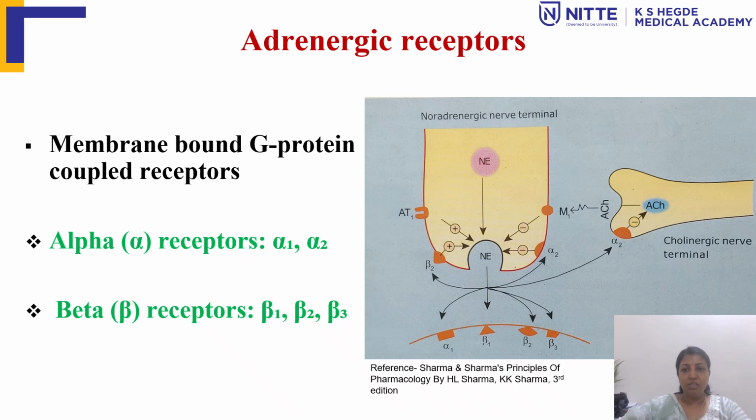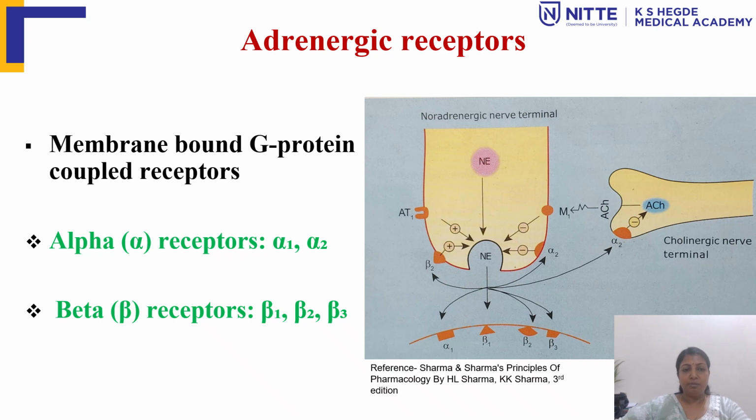Now how do they produce a response? Once the neurotransmitter is released from the nerve terminal, it goes and binds to the receptors. That is how they produce an action, through the receptors.